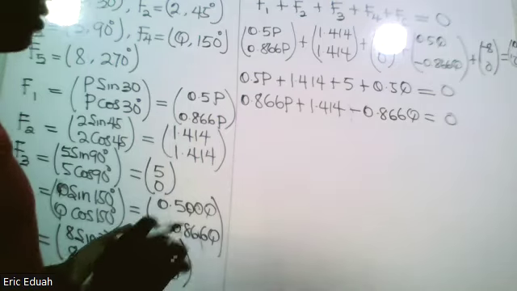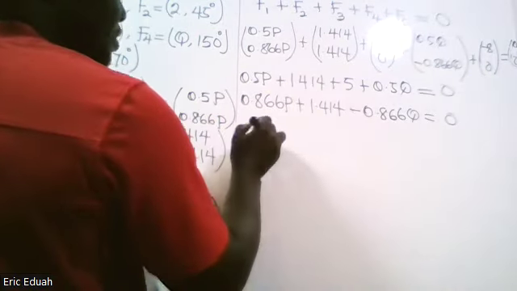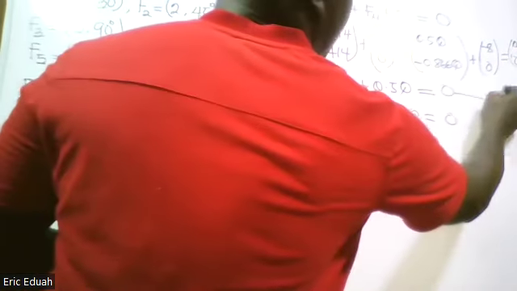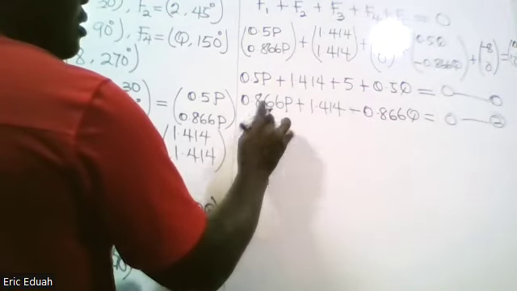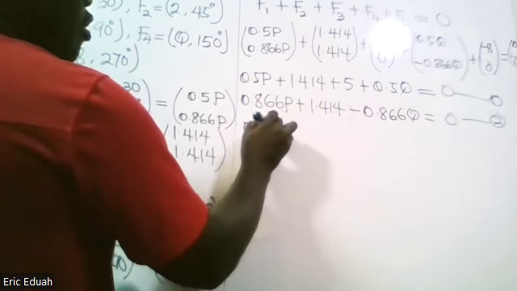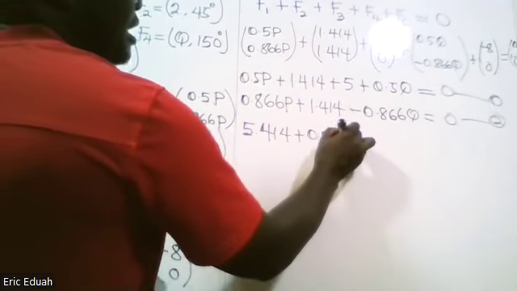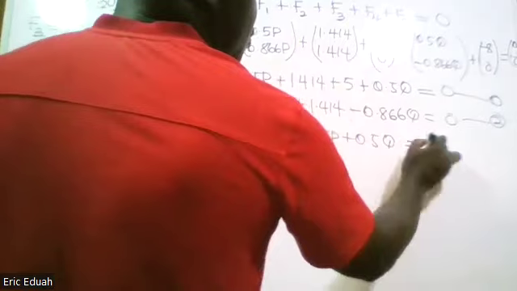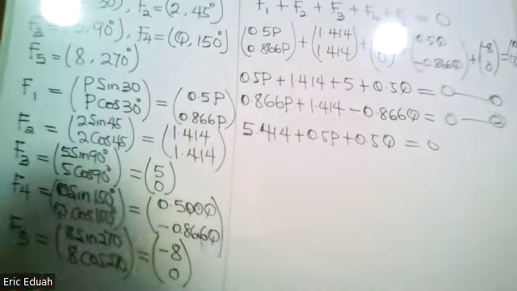You can add 1.414 and 5. This is like equation 1, equation 2. You have 5.414 plus 0.5 P plus 0.5 Q equal to 0.